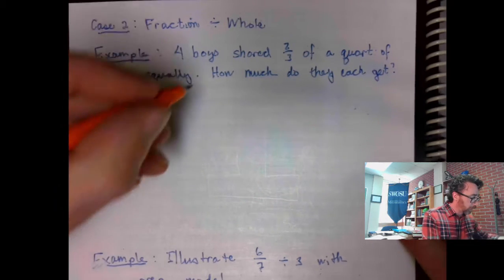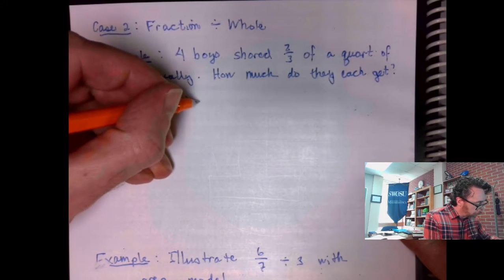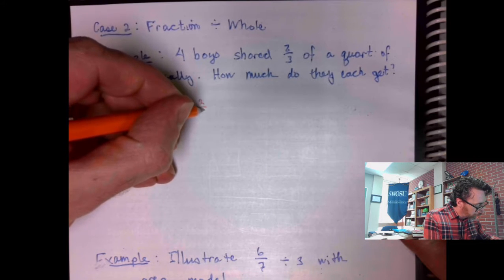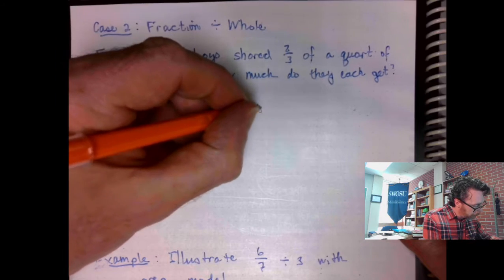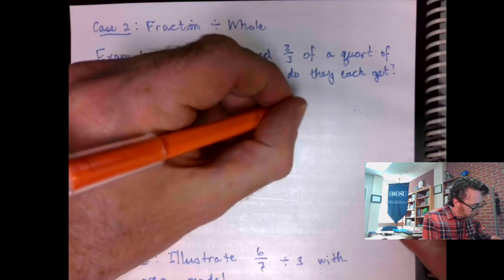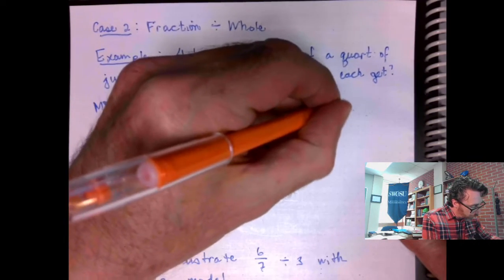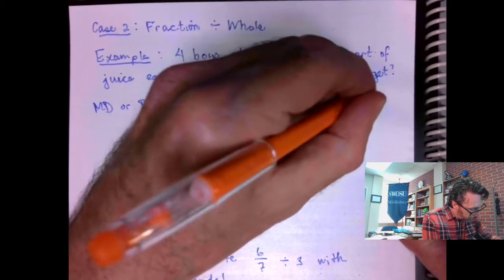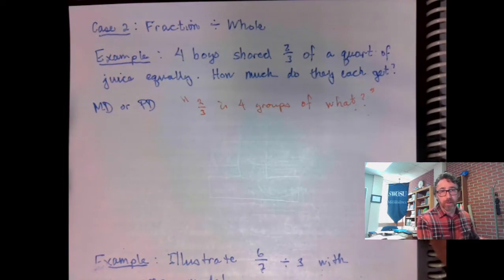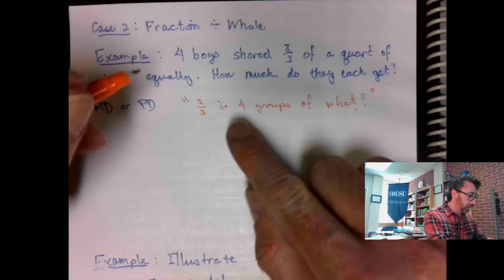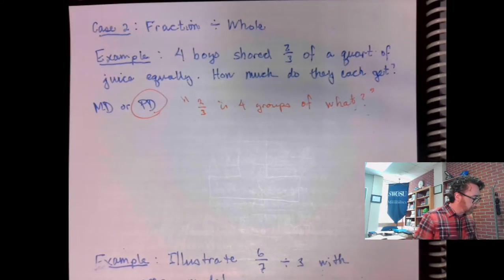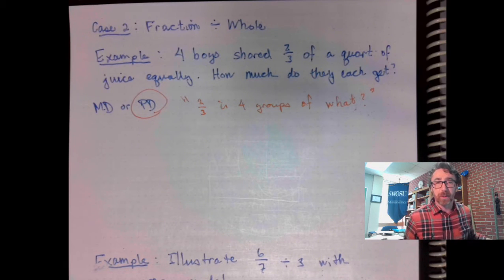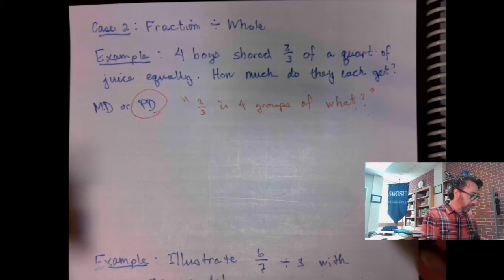Okay, so here's where our thinking is. 2/3 is 4 groups of what? Okay, so 2/3 is 4 groups of what? So we know how many groups we have, so we are working with the partitive division model. We have 4 groups, we need to know how big they are.